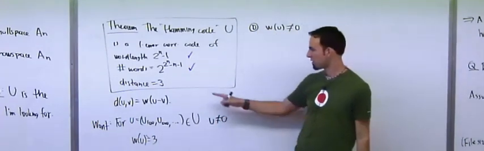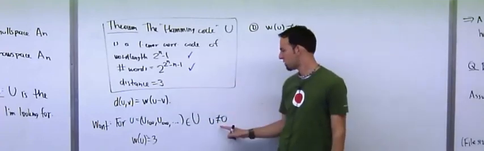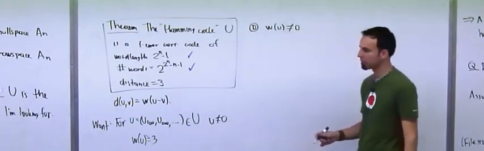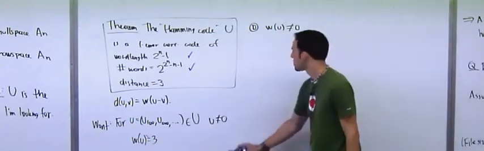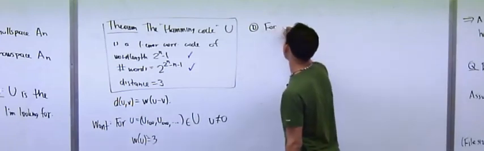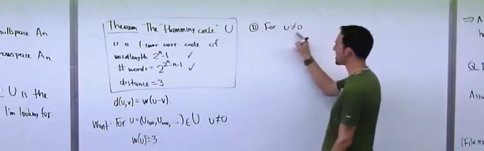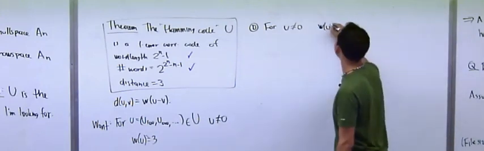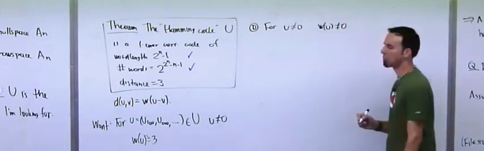And so the distance of a code is equal to the smallest weight of a non-zero word. Okay. So the first thing is for U not equal to 0, well, if U is not the 0 vector, it has a non-zero coordinate. So the weight is not 0.